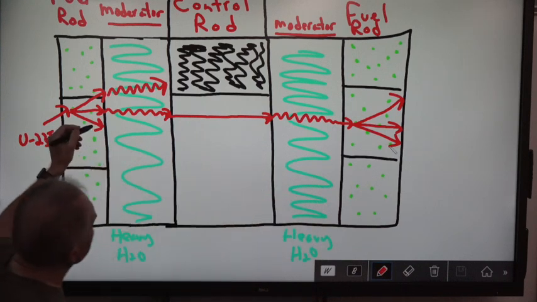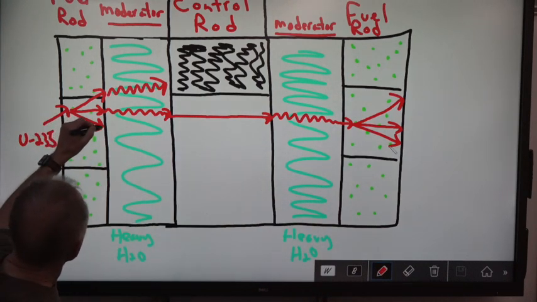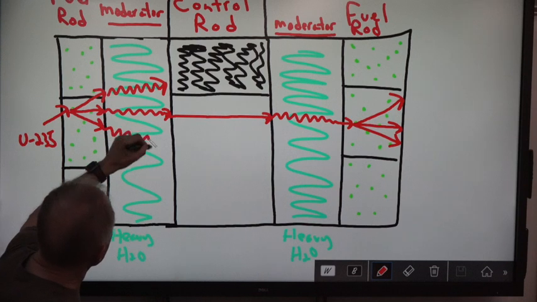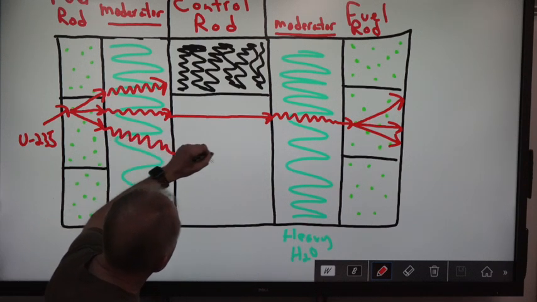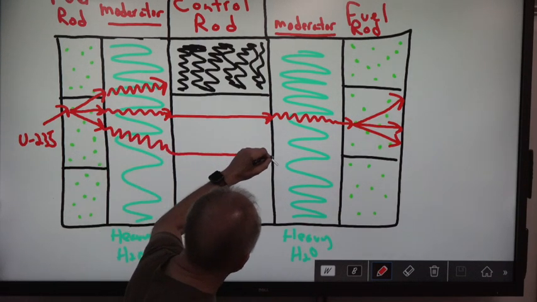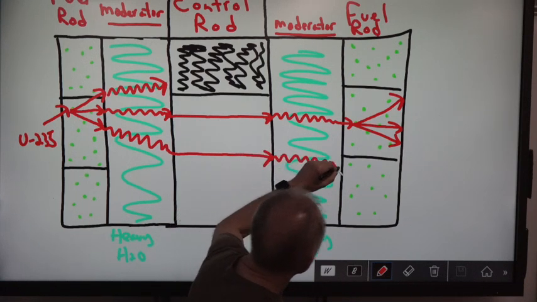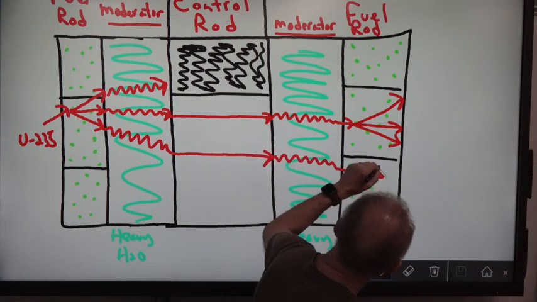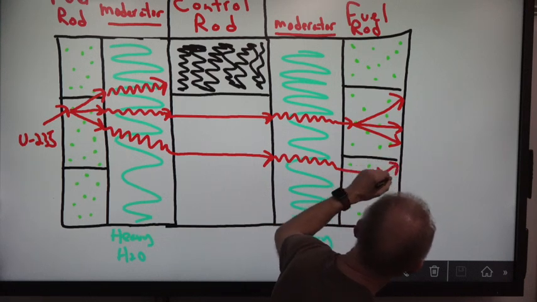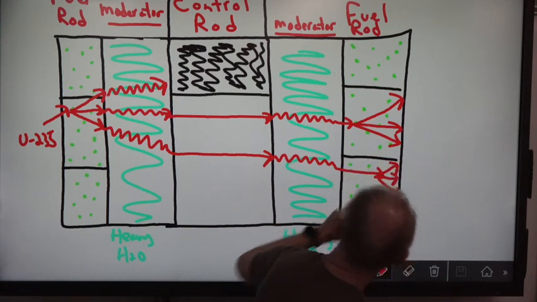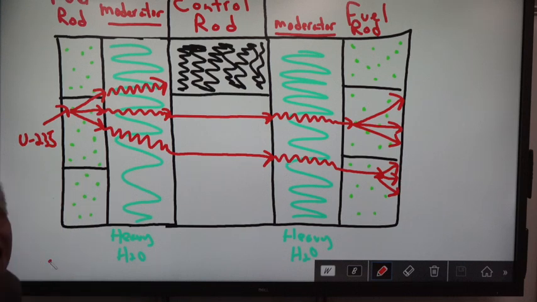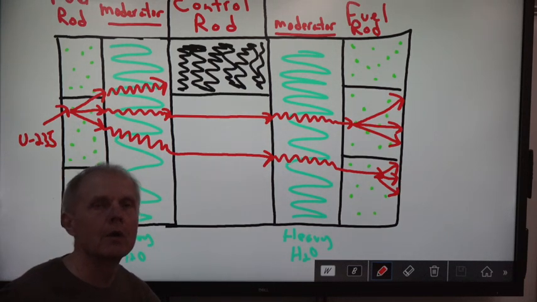This one does the same thing. The moderator slows it down, then it speeds right through the opening where the control rod is, and then it slows down again, and then it hits the nucleus, and 3 more come out like that. So that's how a nuclear core works.